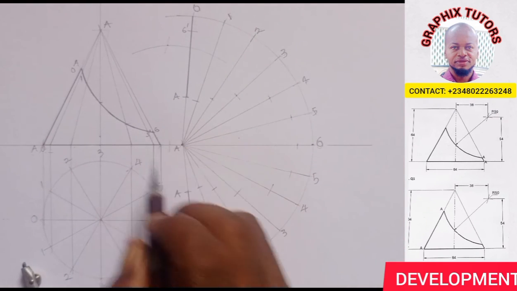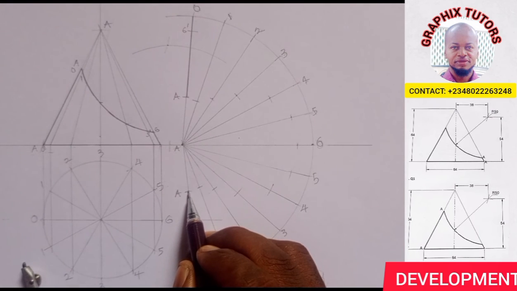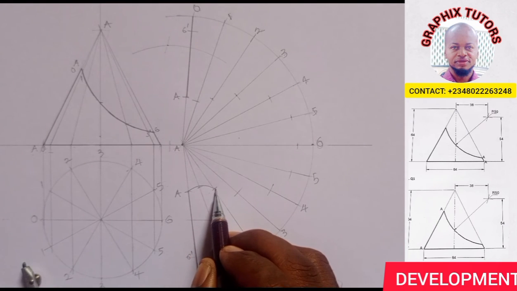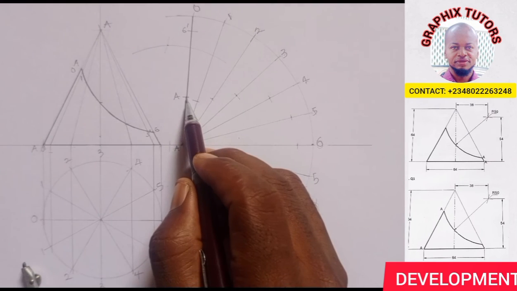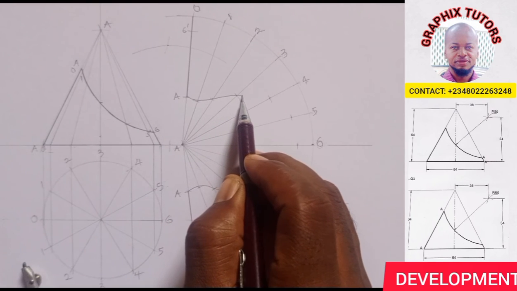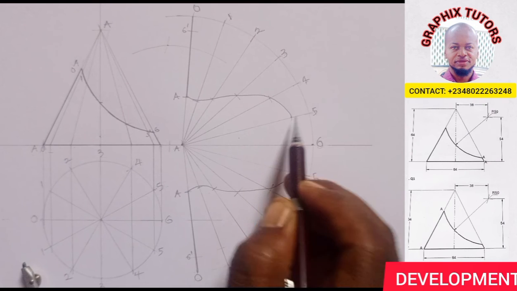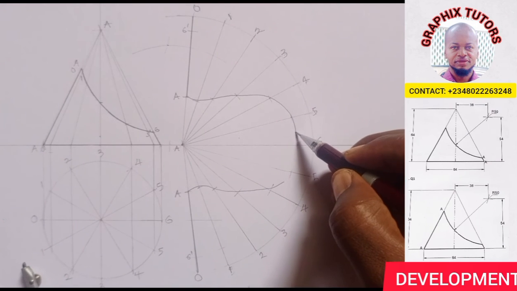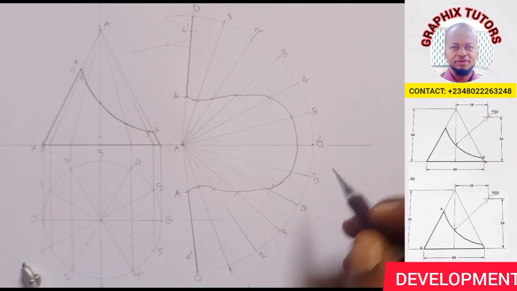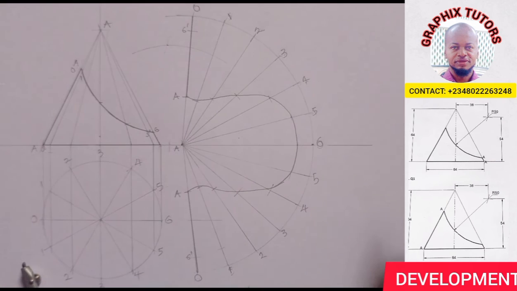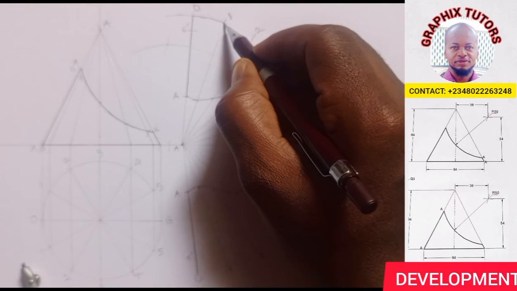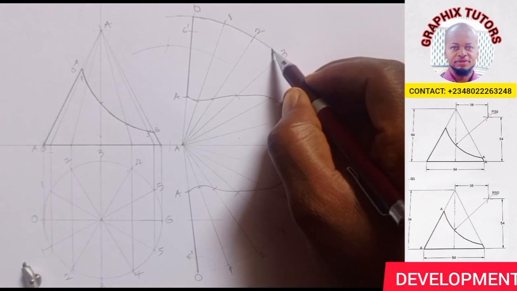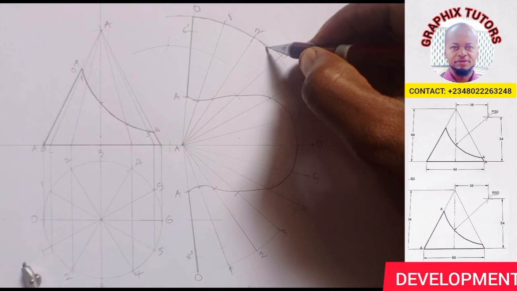So you use a French curve and you join all these together. Can you see that? Use a French curve and join all these together.